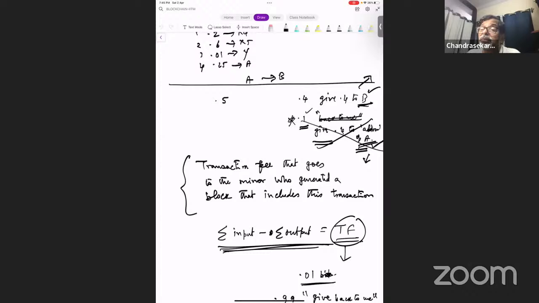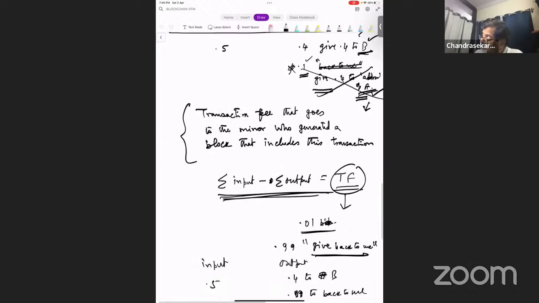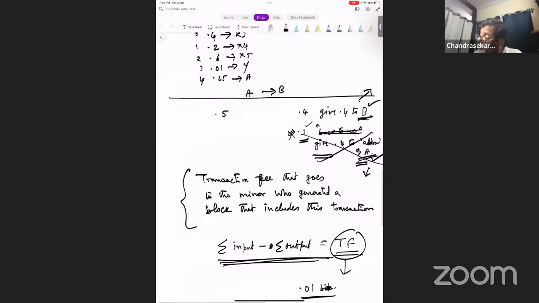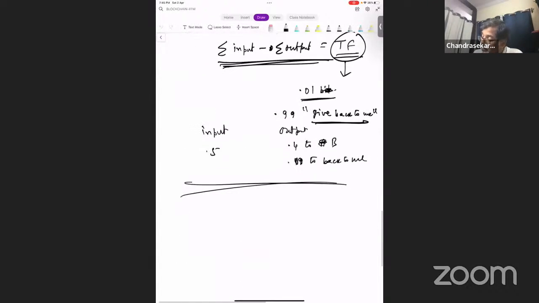Therefore, this is very important, giving back to yourself. Make sure that the inputs are all added. You get alpha. Output, whatever you want to give, beta. Then determine the transaction fee as per some standards that are available. There are recommendations available when you are generating this transaction.